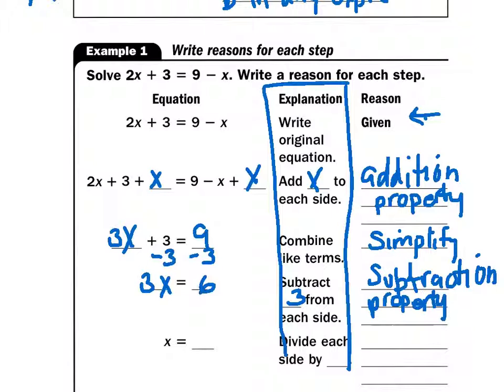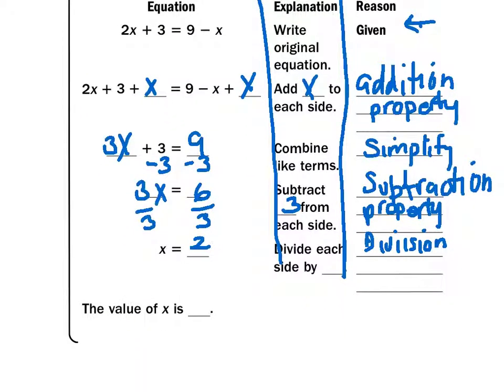Then we can divide each side by 3 and get x equals 2, and that's the division property. And so we've proven that the value of x is 2.